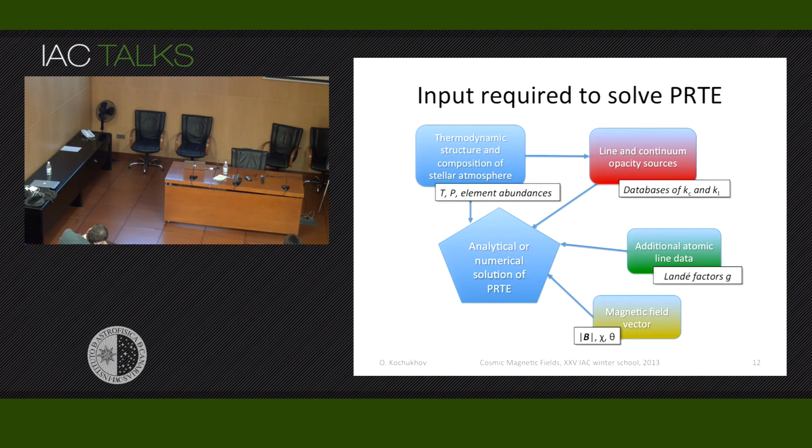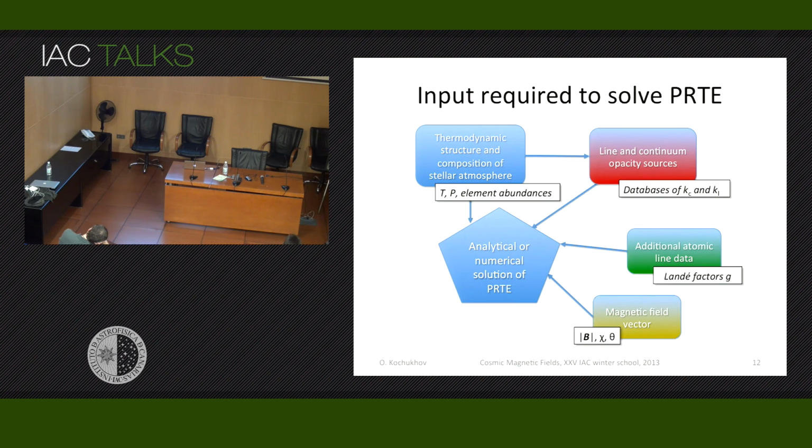And then we need, as I mentioned, additional atomic information for computing Zeeman splitting lambda factors. And then we need to prescribe magnetic field. And that is done by saying what is the magnitude of the field and what is the angles with respect to the line of sight, angle chi, and angle in the plane perpendicular to the line of sight, and angle theta measuring the line of sight magnetic component.